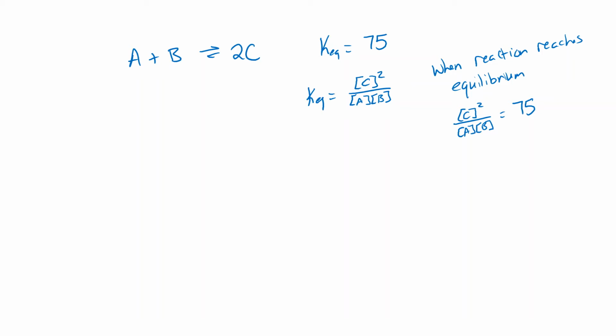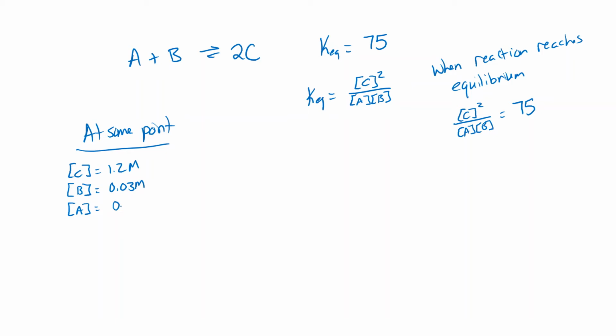So let's do an example where it's not at equilibrium. At some point, somebody measures the concentrations of each of these things and says that the concentration of C at this point is 1.2 molar. The concentration of B is 0.03 molar, so there's not very much B remaining in there. And the concentration of A is 0.5 molar.